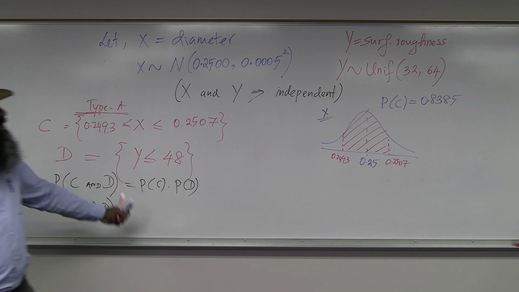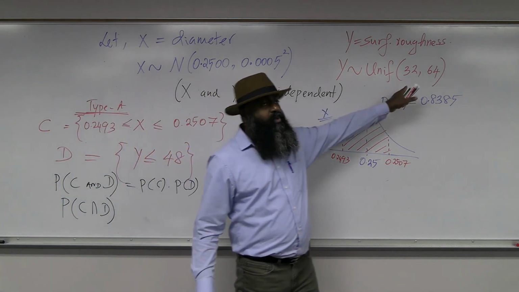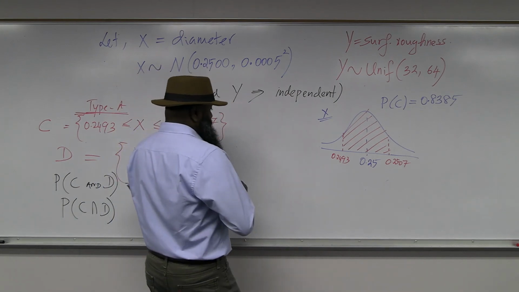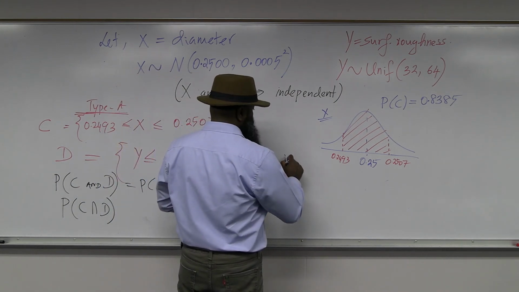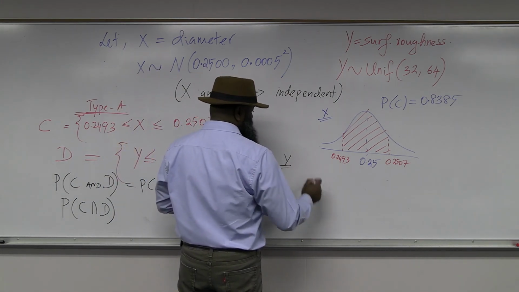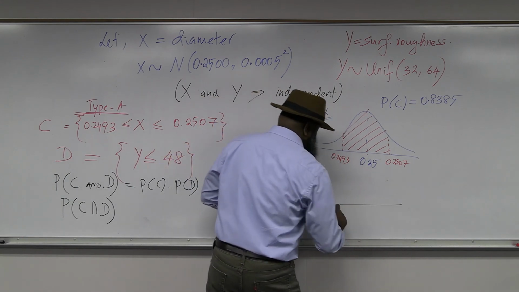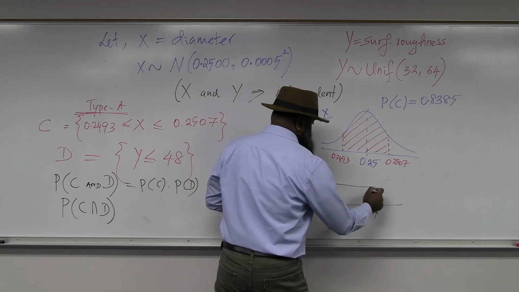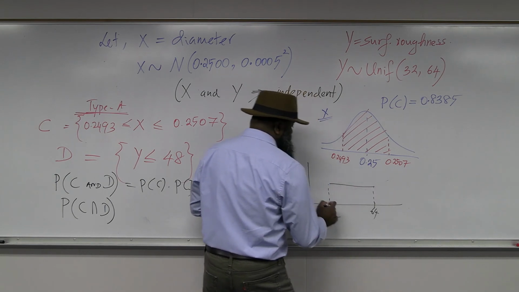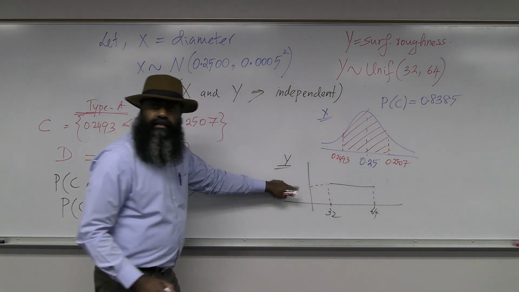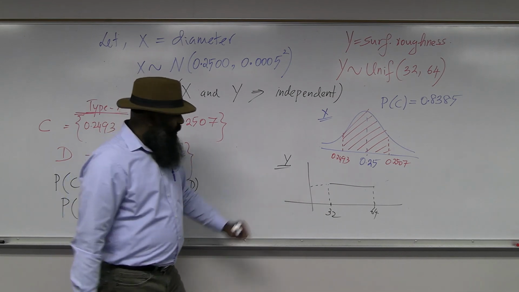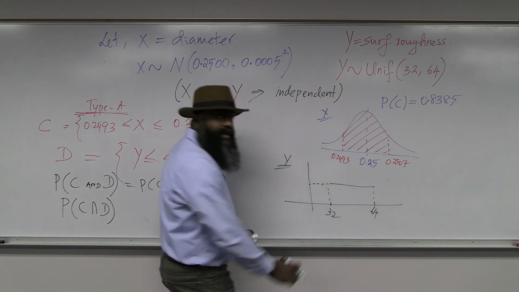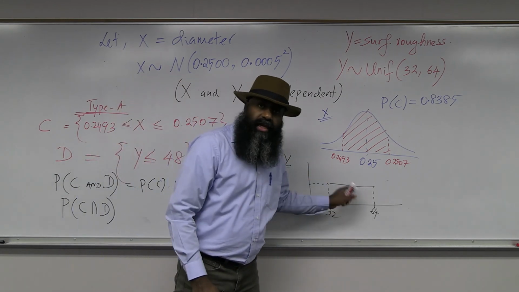Now D follows a uniform distribution between these two values. So the distribution of y, the random variable y, is a uniform distribution 32 to 64. That means a rectangular distribution. So what should be this vertical height? That vertical height should be 1 over this length, so that the product of these two sides will be equal to 1.